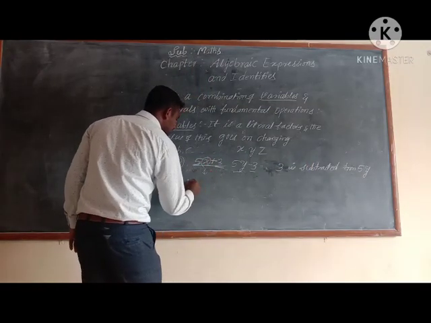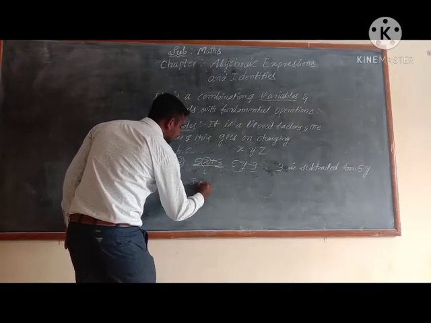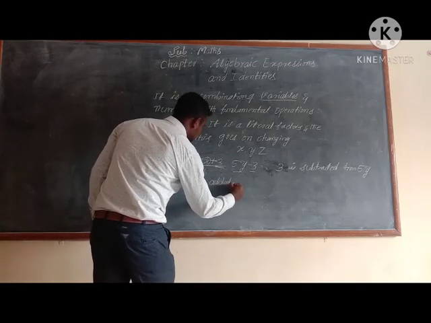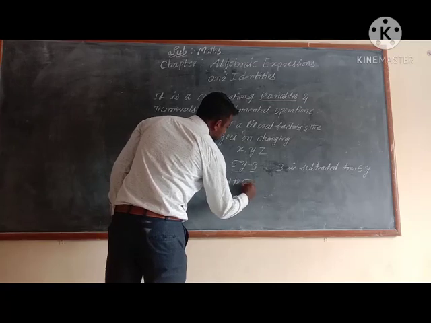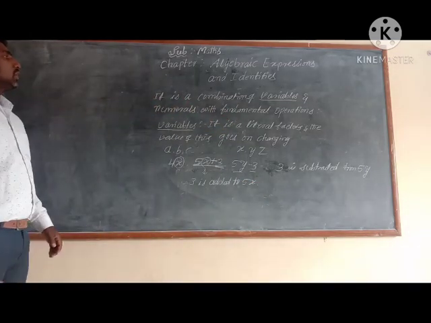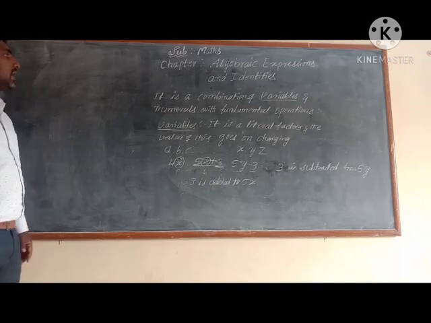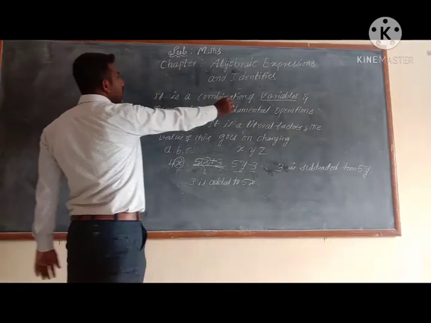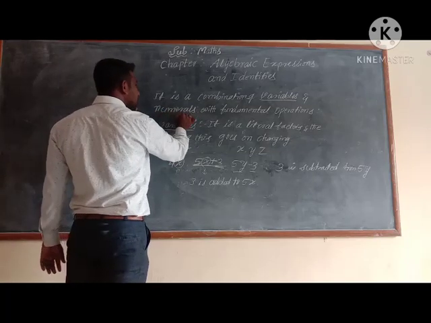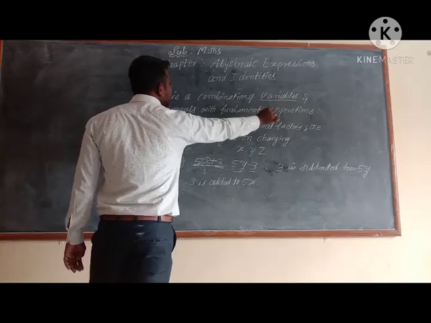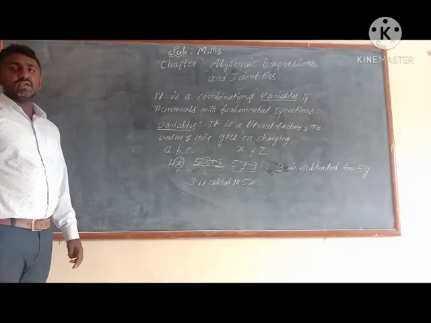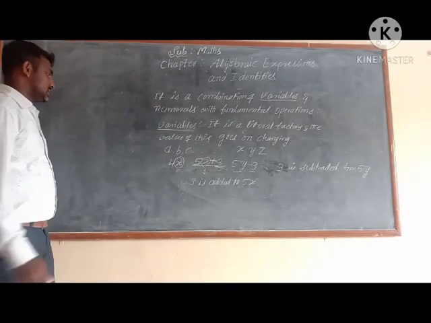It is called the algebraic expression. It is a combination of variables and numerals. Numerals means numbers with fundamental operations: addition, subtraction, division, and multiplication.